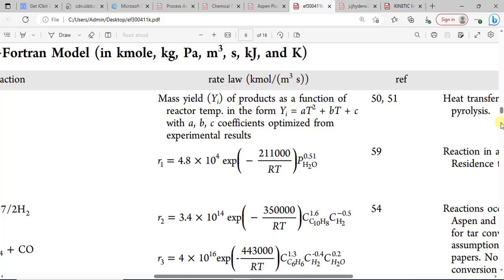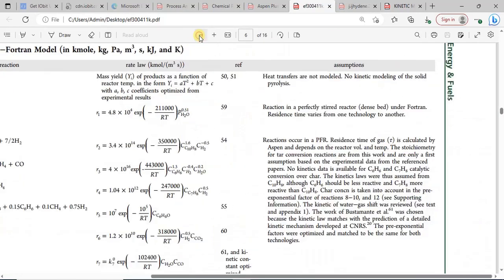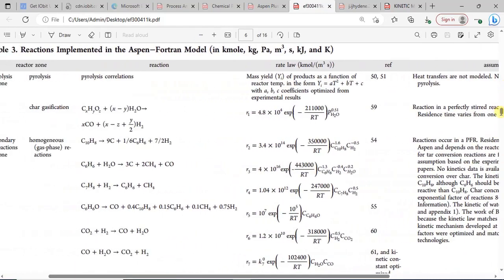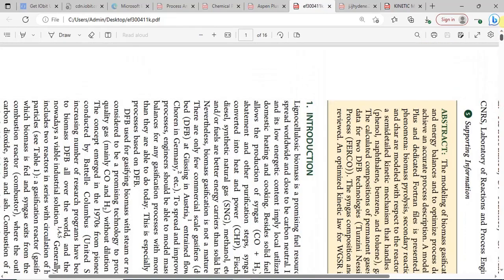Now, let me show you the name of the journal before I leave this environment, in case you want to check the journal out. Okay, it's upside down.